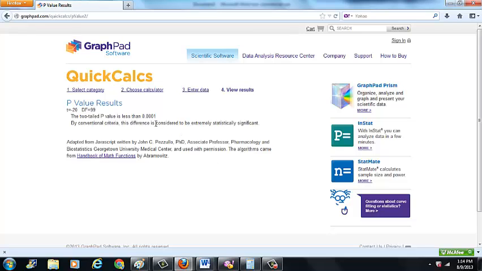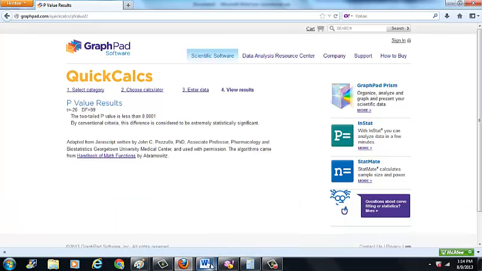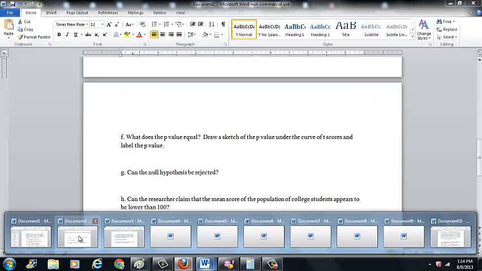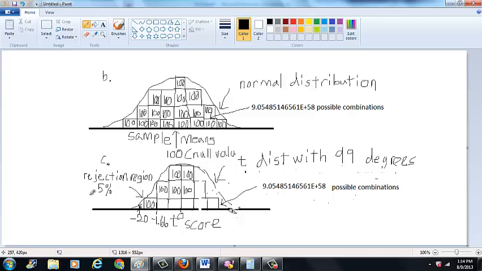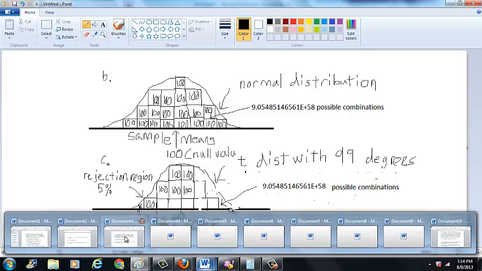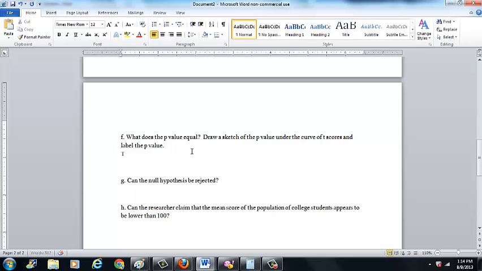Once again, we get less than 0.0001. So for our p-value, we can say the p-value is less than 0.0001.